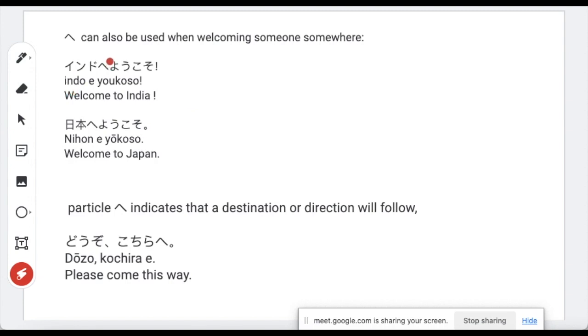Whenever you are welcoming, you must use e. Whenever you are asking someone to follow something, then you have to use e. Dozo kochira e, please come this way. And in welcoming, Indo e yokoso or nihon e yokoso. Welcome to Japan or welcome to India, or you can replace it with anything. So this is the use of e.